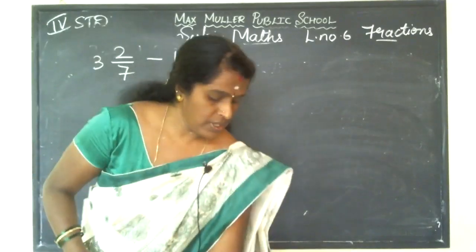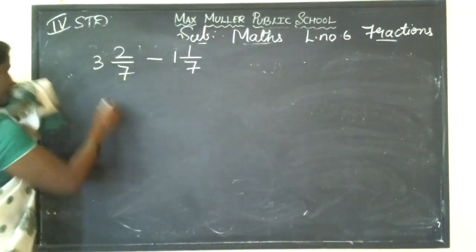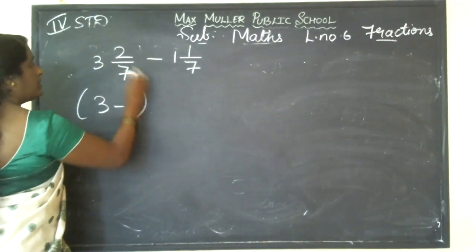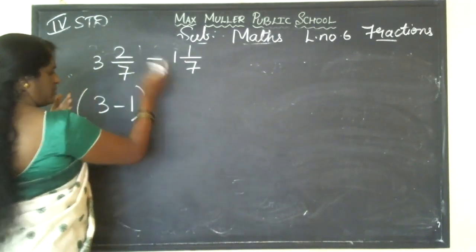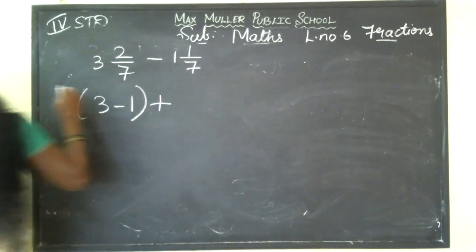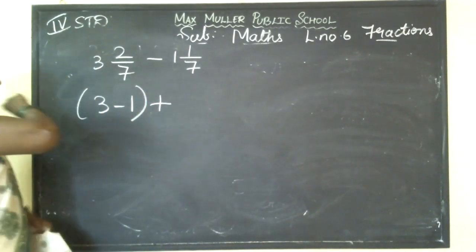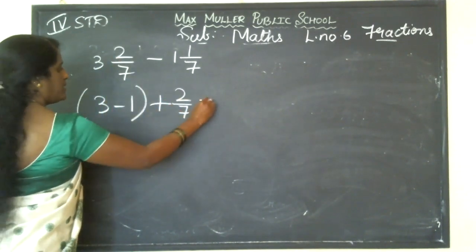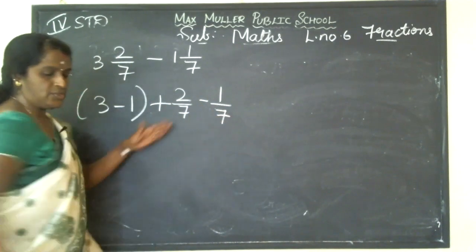What should you do? Just you should do minus. Here 3 minus 1, the whole number you have to copy. When you do like this, sorry children, plus 2 by 7 minus 1 by 7. Just you should copy like this.